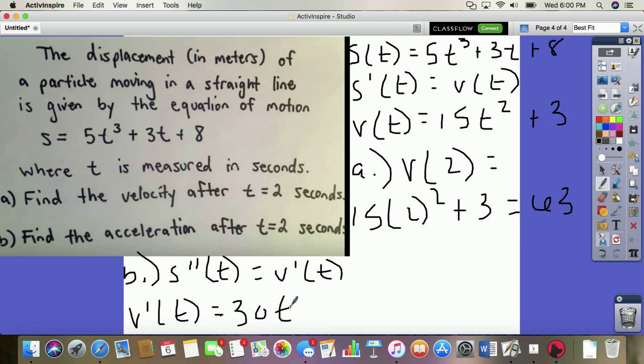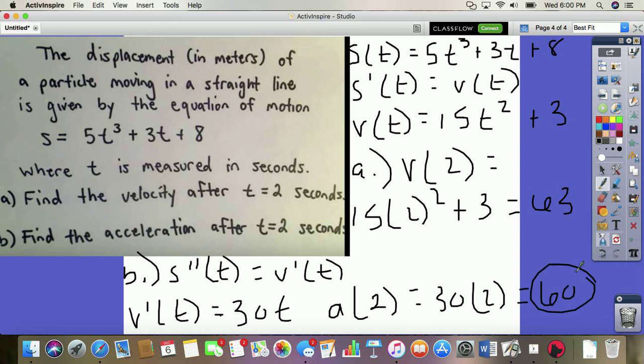And so now we want to find out what acceleration is at, I'm sorry, not at t, but at 2. So at 2 seconds, our acceleration is going to be 30 times 2, or of course, 60. So there's a little insight into the relationship between position, velocity, and acceleration as well.